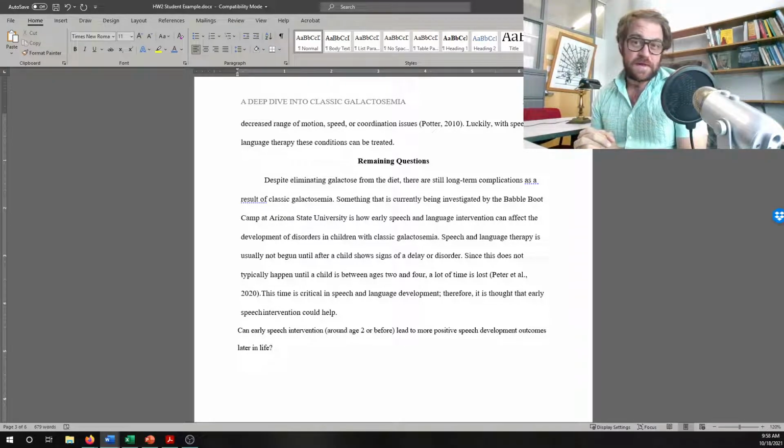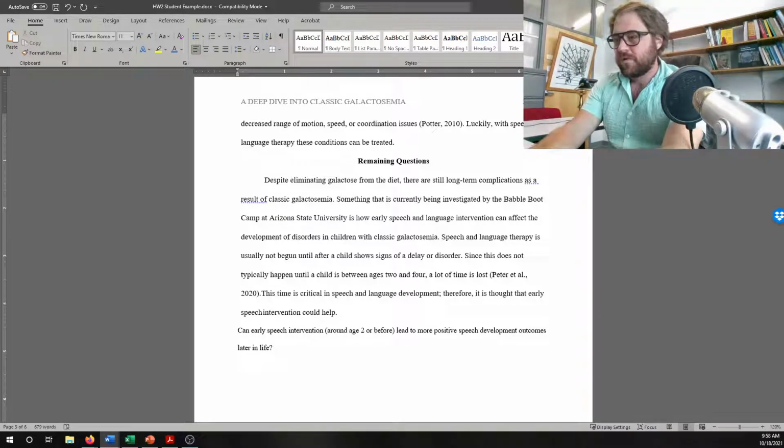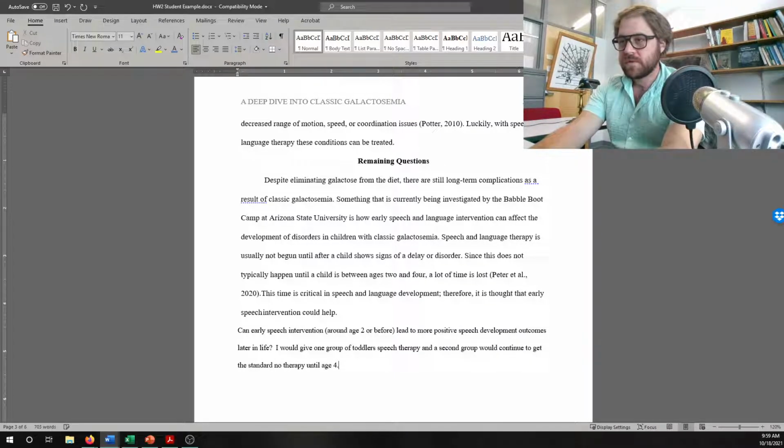So essentially say just what I did about, I would give one group of toddlers speech therapy and a second group would continue to get the standard no therapy until age 4.